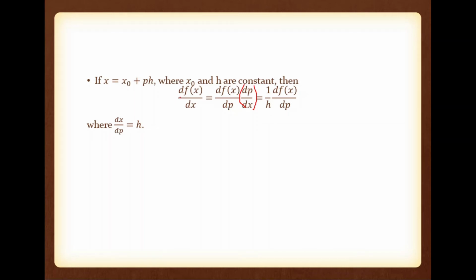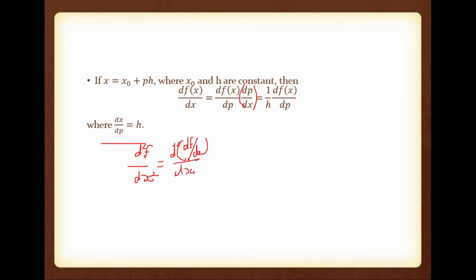So now by using this, we can write d square f by dx square. What can we write d square f by dx square as? We can write it as d of df by dx, divided by dx.